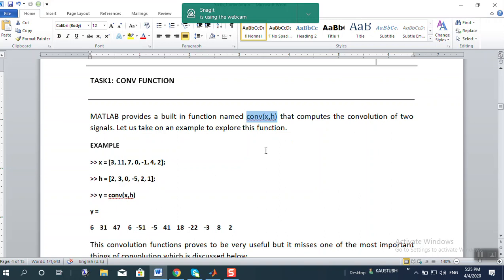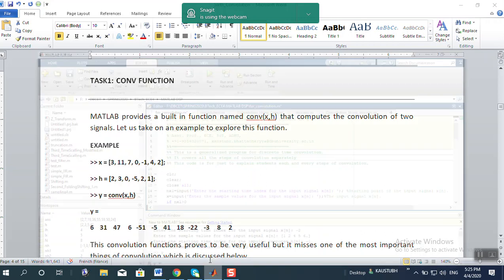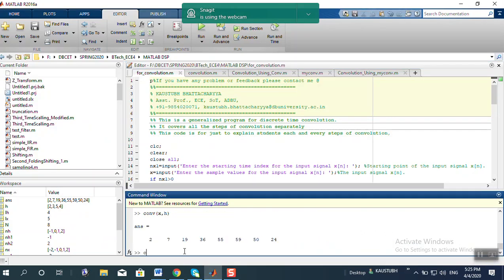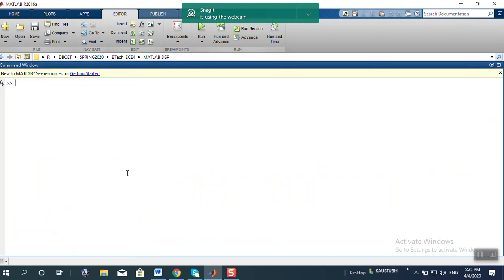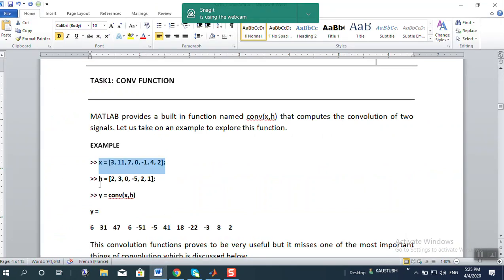Suppose let us take this example. Again, in MATLAB, this is your command window. I am opening the command window and I will do this directly in the command window. Suppose this is x, and suppose this is your h.